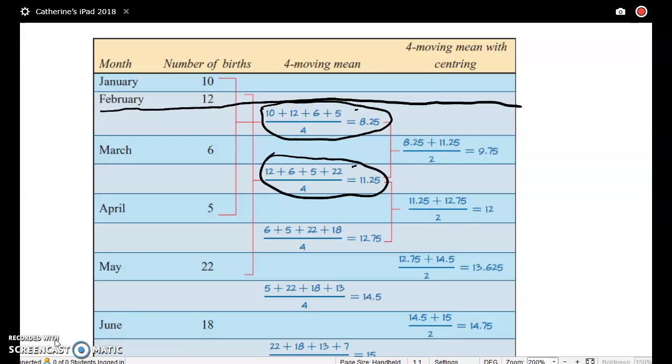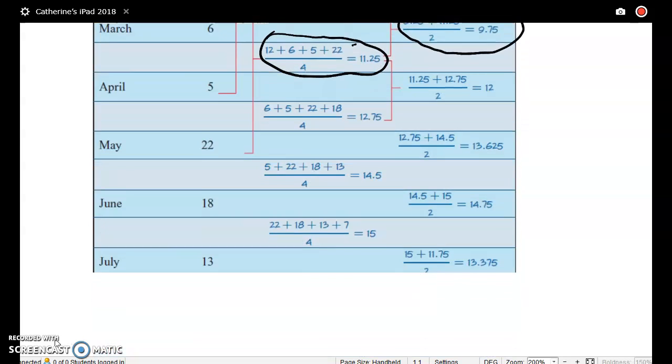Using between February and March and between March and April, I then get my data that is centered on March. So it is this 2-step process. Again, I suggest you do it a few times, setting it out carefully in your workbook.